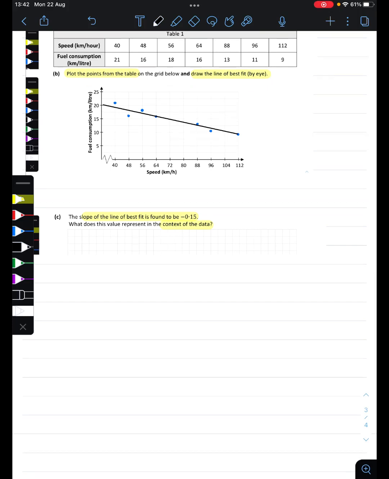So the x-axis is the speed in kilometers per hour, and the y-axis is the fuel consumption in kilometers per liter.